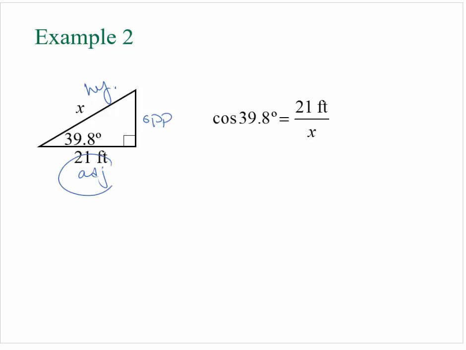So if I'm going to use adjacent and hypotenuse, that means I'm going to use cosine. So I use my cosine of the angle, my adjacent over hypotenuse, and then I'm going to rearrange it. So I'm going to multiply both sides by x. So my x's cancel on the right-hand side.